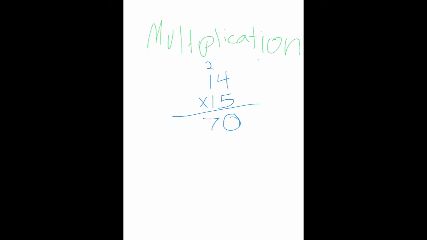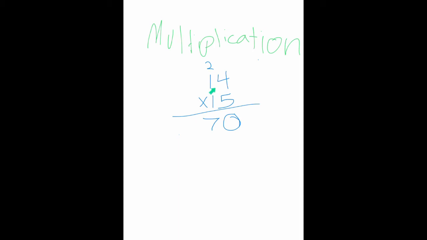So you multiply 1 times 5, which is 5, and then you add whatever number you had up here, and you write that down here. And as you can see, we have 70 right here. But that's not our total answer, not at all.